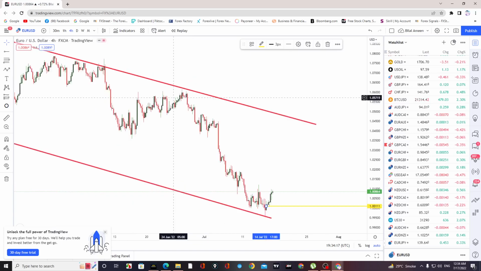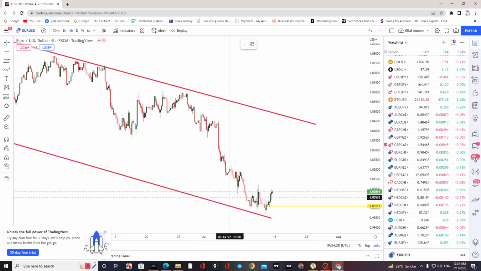Now we will place our SL and TP. Now we will place our SL below the trend line.